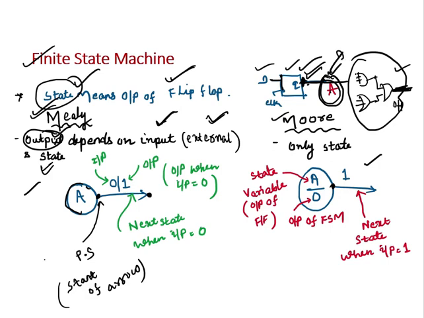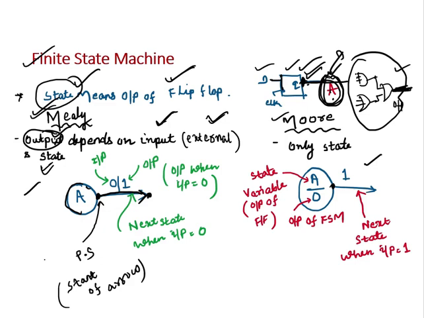A means now it is the output of a flip-flop. So inside the circle are the state variables. Then there will be an arrow mark. This arrow is called next state. Where it starts is called present state, and where it goes to is called next state.